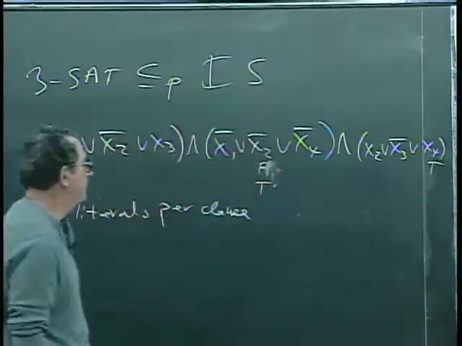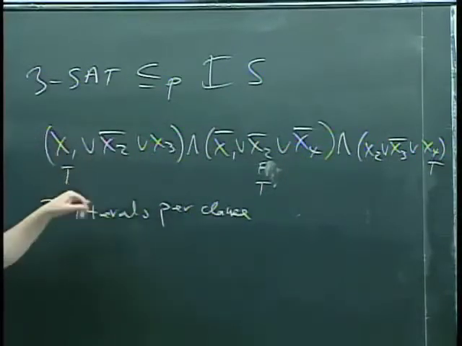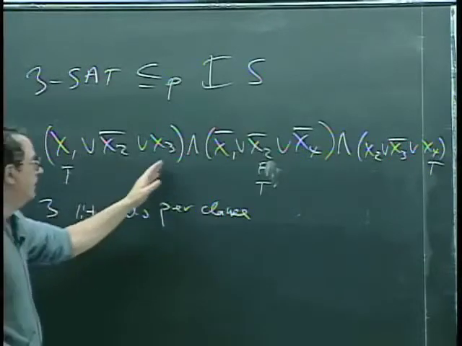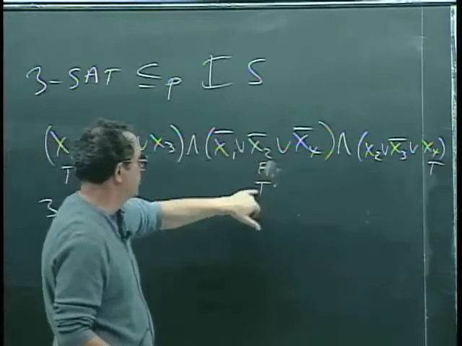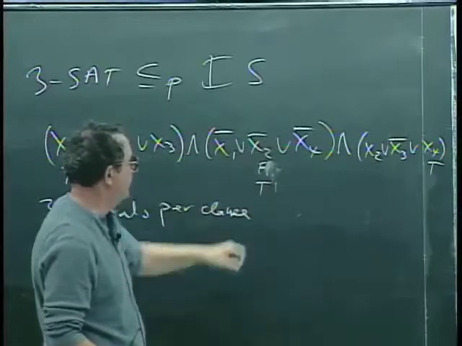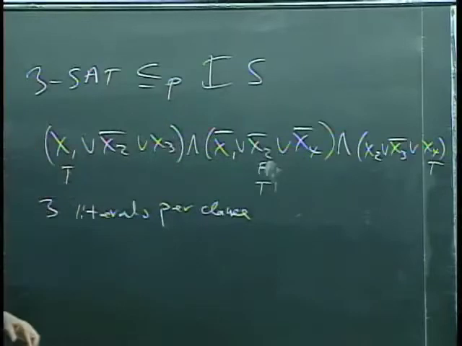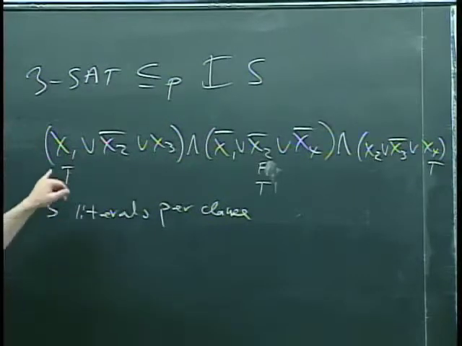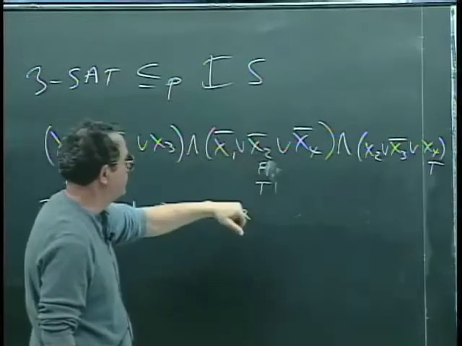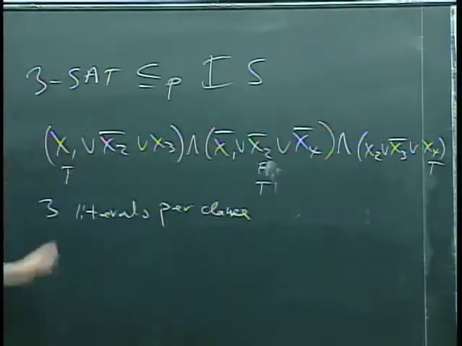Because the ors in each clause only require a single literal to be true, we just need to pick one literal in each clause that becomes true, and then we have the ands between the clauses. We have no contradictions here: x1 is true, x2 bar is true, which means x2 is false, and x4 is true. So it all works, and certainly we can make this true.